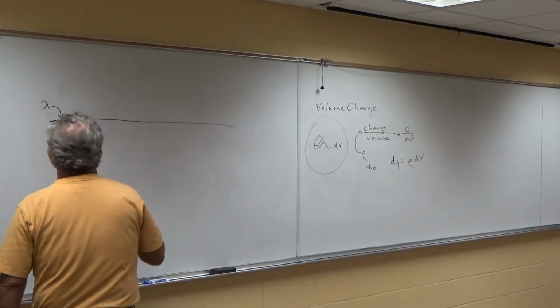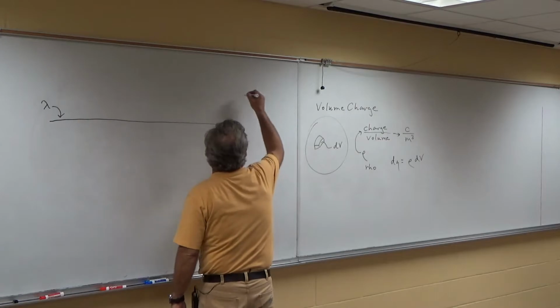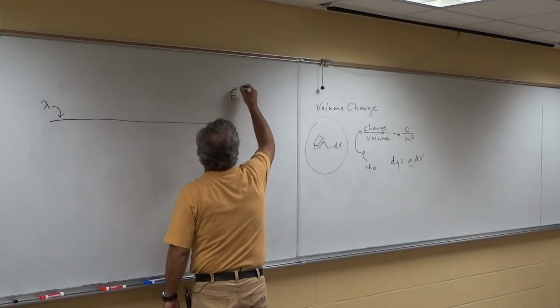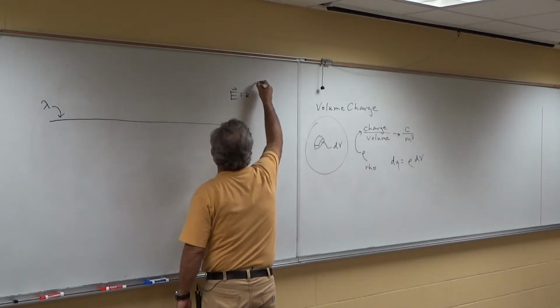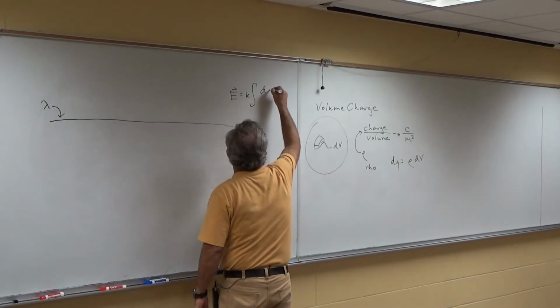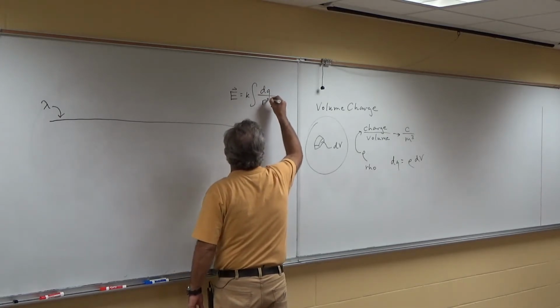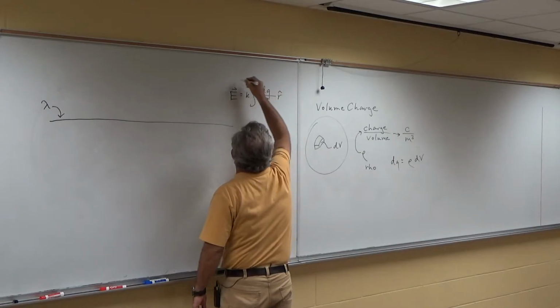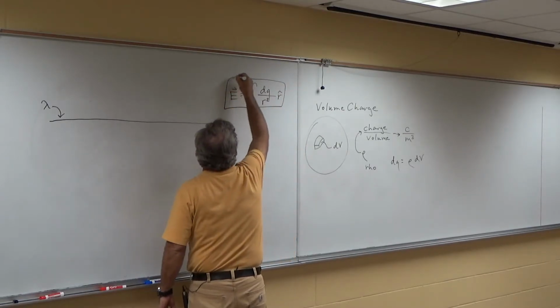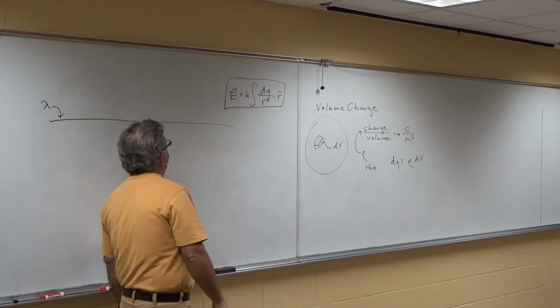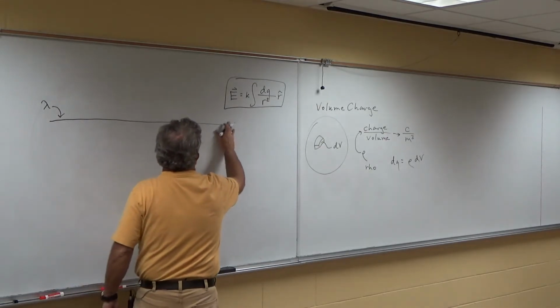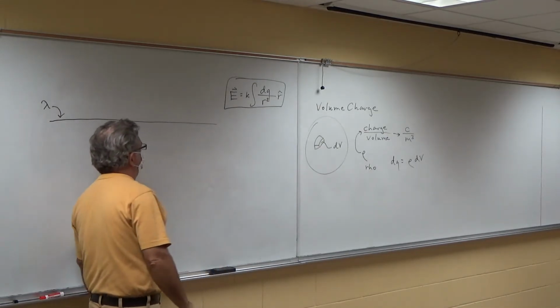We're always going to be calculating E equals K times the integral of dq divided by r squared r hat. So we're going to fill in the blanks for this based on our line of charge.